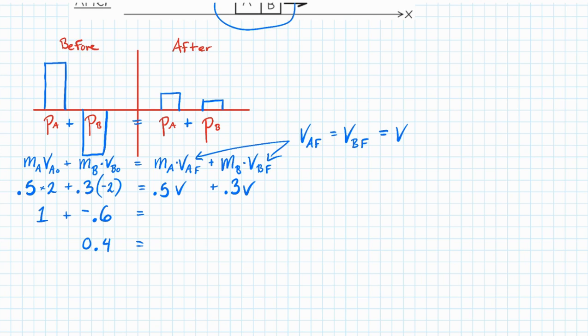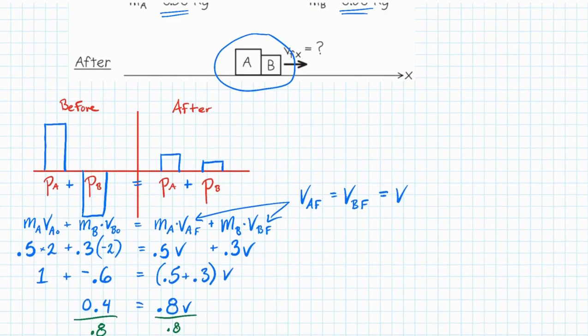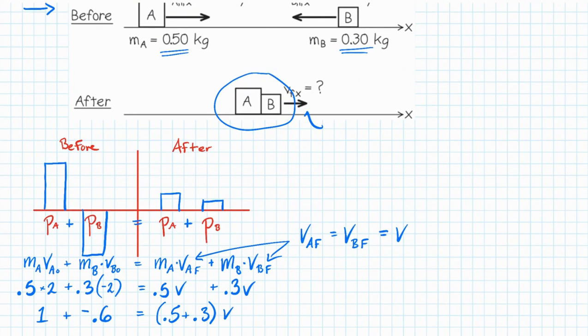So this will be the same thing as 0.5 plus 0.3 times v, which is going to be 0.8v. I'm going to divide both sides by 0.8, and I get 0.5 is my velocity. So that means at the end here, this was moving 0.5 meters per second.